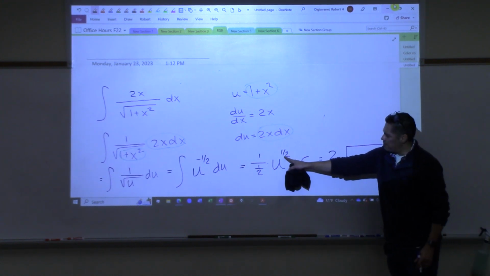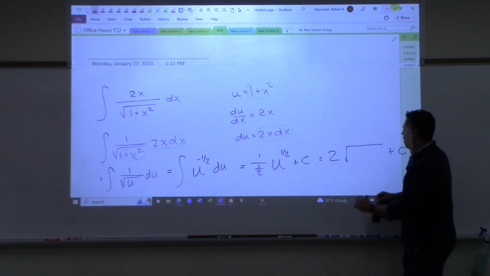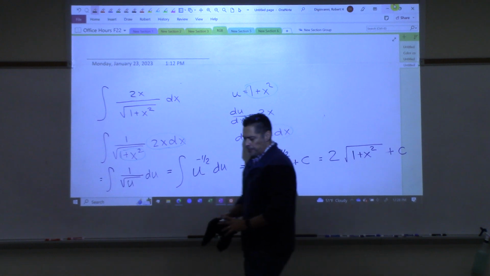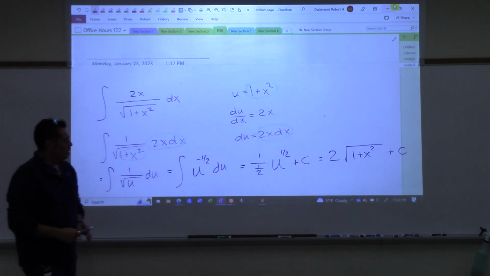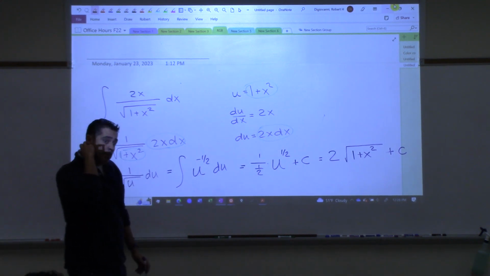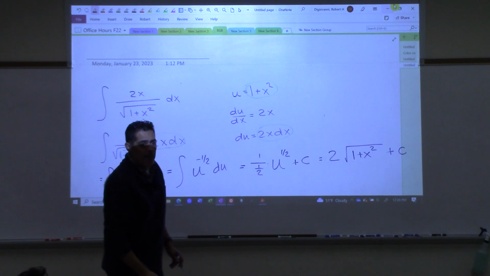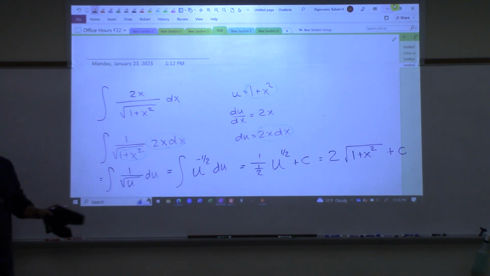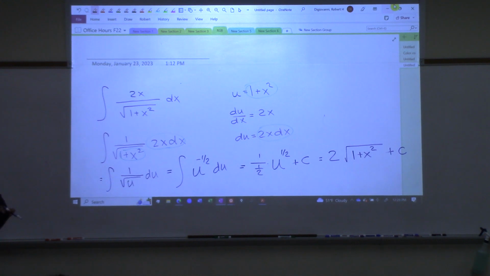So this means square root u, but u was 1 plus x squared. And again, the good news there is that you could check your answer, couldn't you? You could actually check to see if that works by taking the derivative. Yep, just take the derivative. And as long as you know how to do the chain rule and all those rules properly, you should be able to know if you got it right.